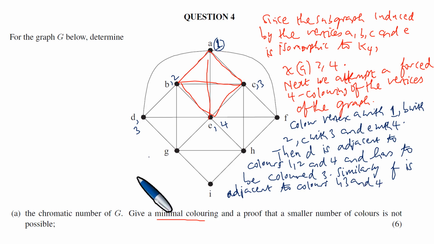Let's look at F. It's adjacent to 1, 3, and 4, and must be given a color different from the adjacent ones. It has to be colored 2. So F must now be color 2.